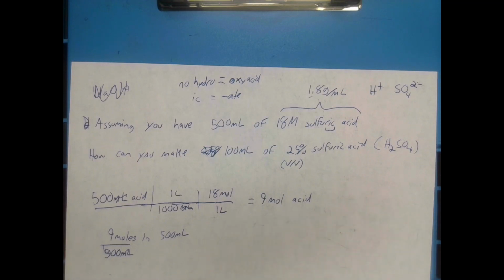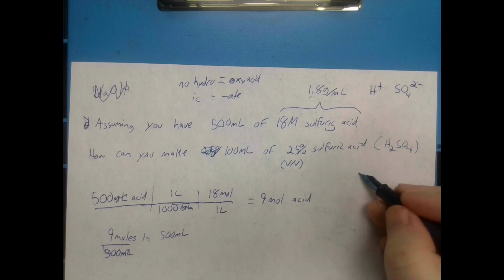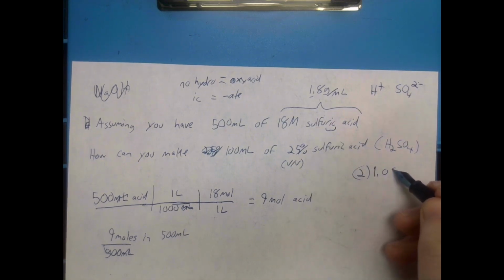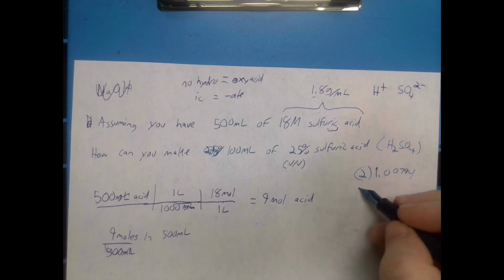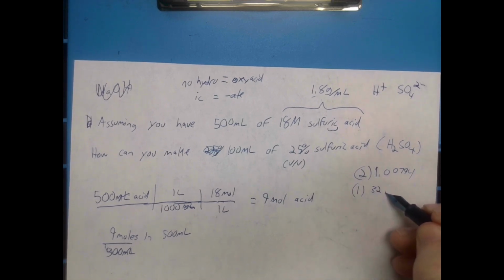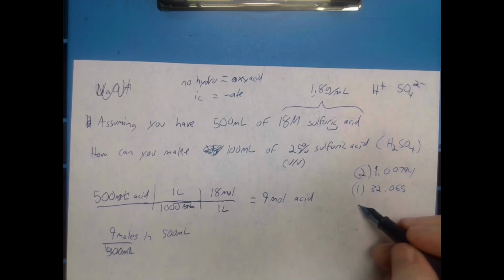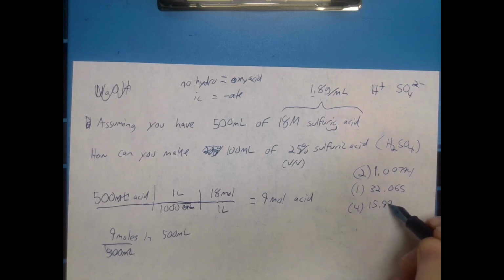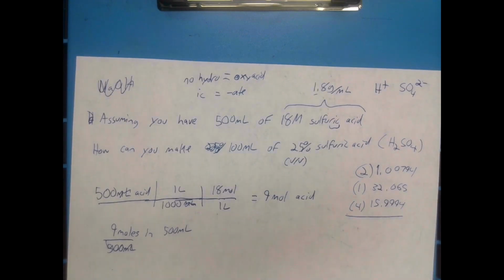So the molar mass of that would be 2 times 1.00794, 1 sulfur, which is 32.065, and 4 oxygen, which is 15.9994.